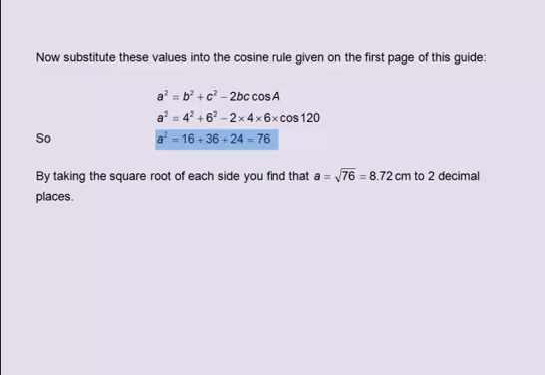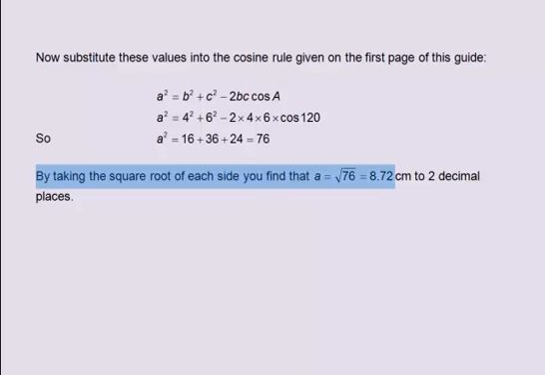So, a squared equals 16 plus 36 plus 24, which equals 76. By taking the square root of each side, you'll find that lowercase a equals the square root of 76, which equals 8.72 centimetres to 2 decimal places.